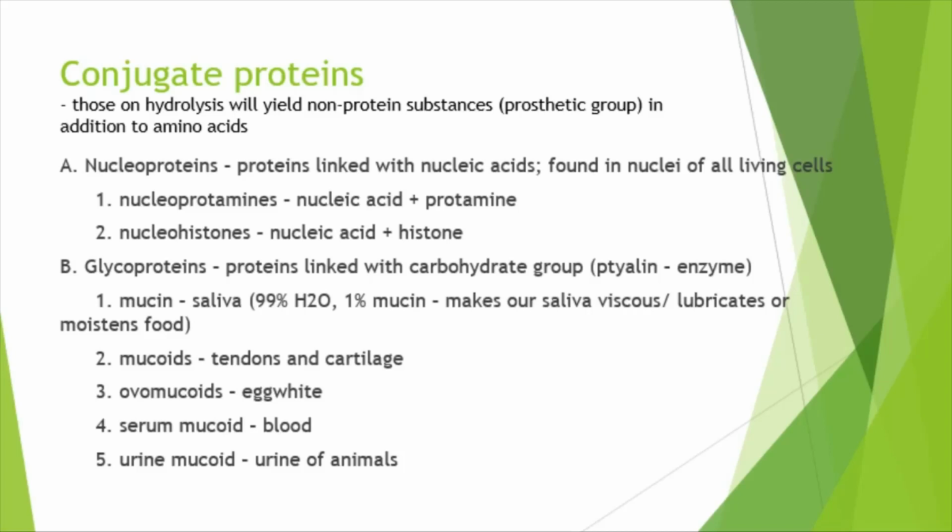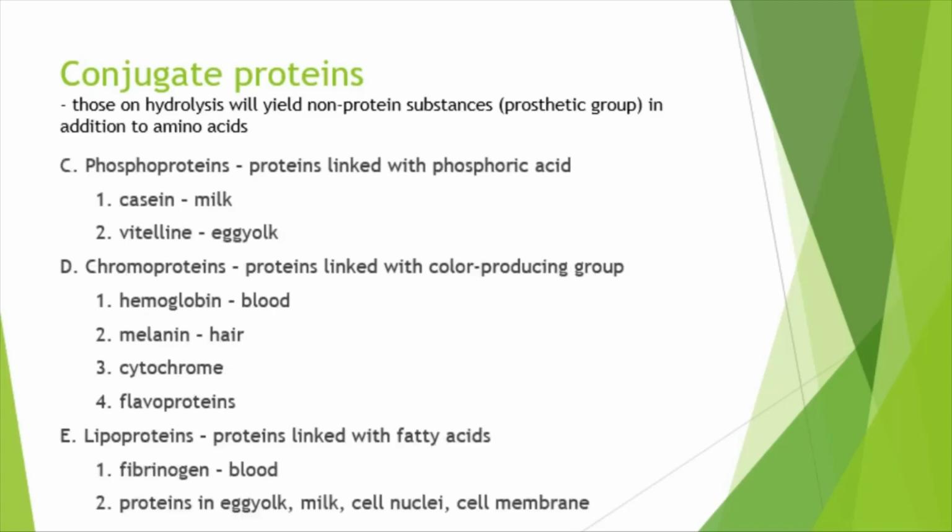It is 99% water and 1% mucin, which makes our saliva viscous, lubricates and moistens food. So this is a glycoprotein. Then we have mucoids from tendons and cartilages, ovomucoid from egg white, seromucoid from blood, and urine mucoid from urine of animals.